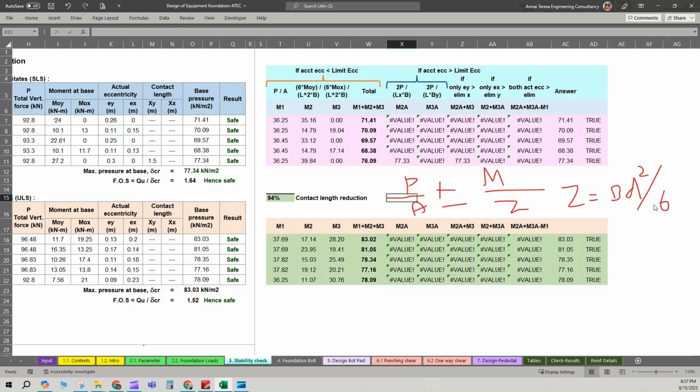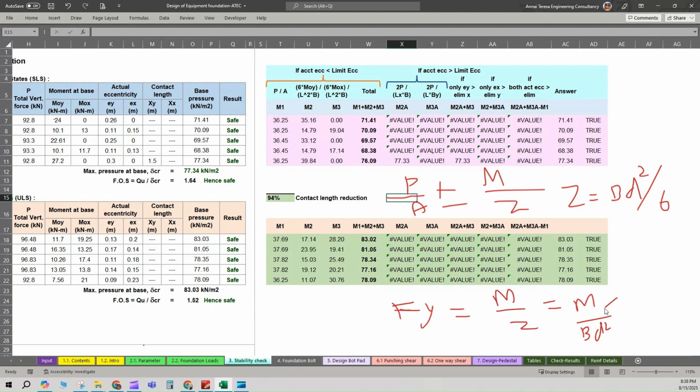We all know this equation, right? So to find the stress value, that is the pressure value, it is M by Z, that is moment divided by BD square by 6.